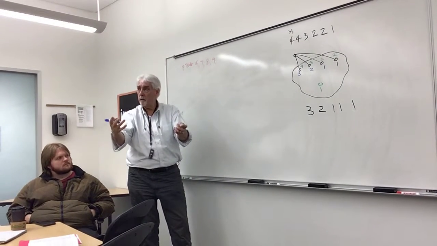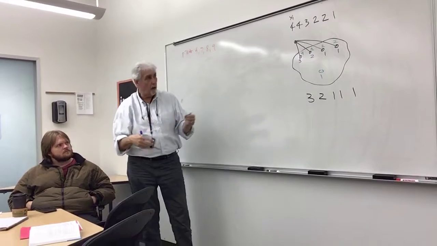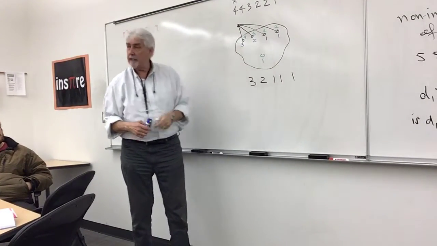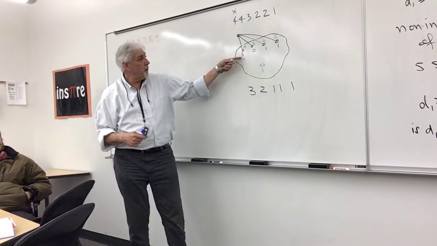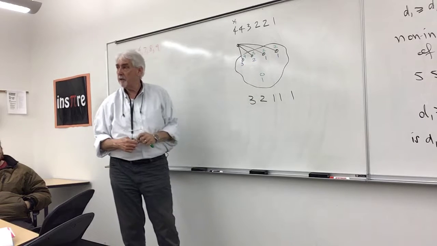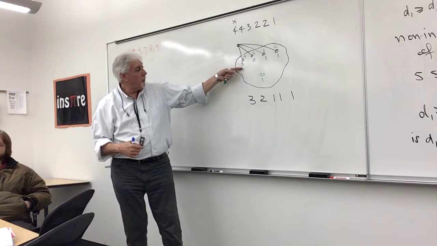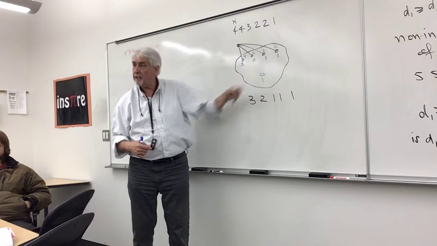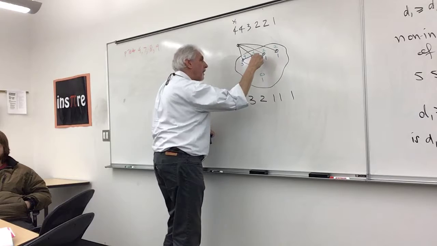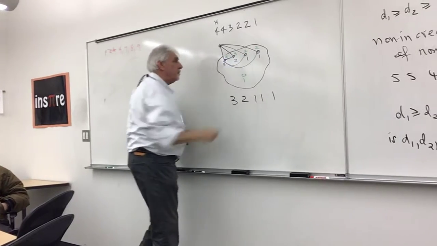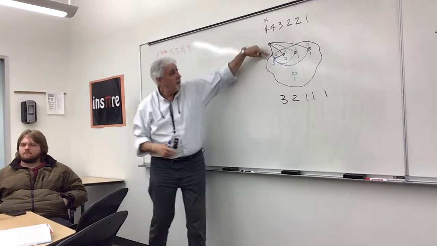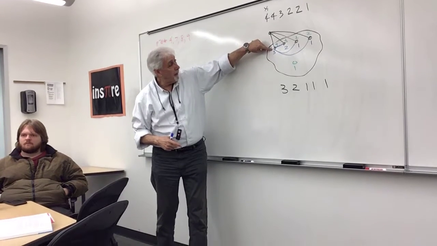So I continue. At this point, you almost could finish this off. If 3, 2, 1, 1, 1 exists, then there's a realization where the vertex of degree 3 is adjacent to the three next highest degrees. So we almost can draw it at this point. Remember, this degree was 4, so now it has degree 4.